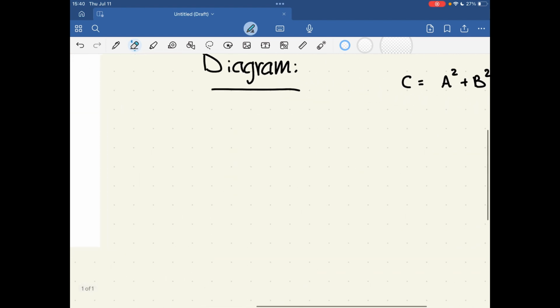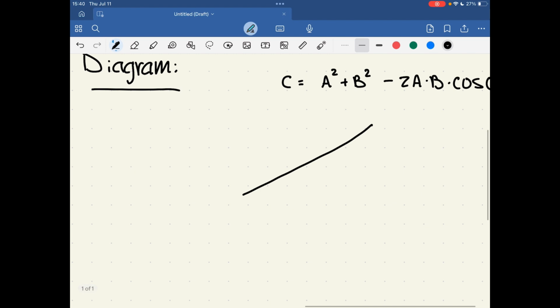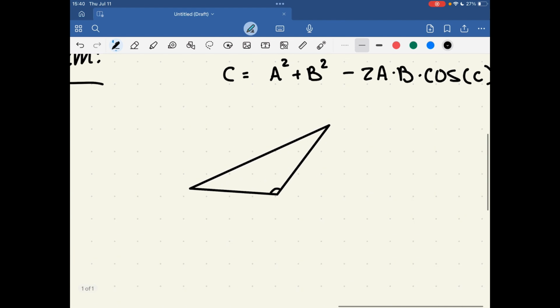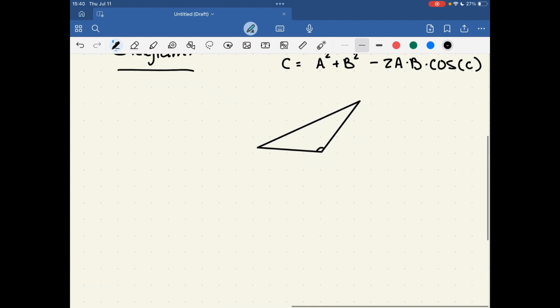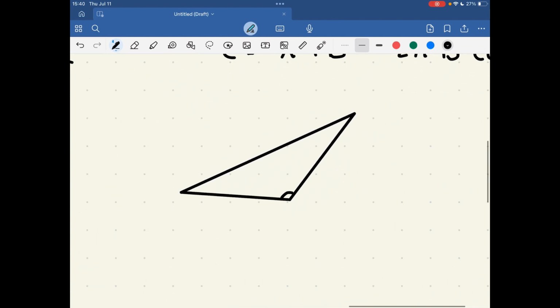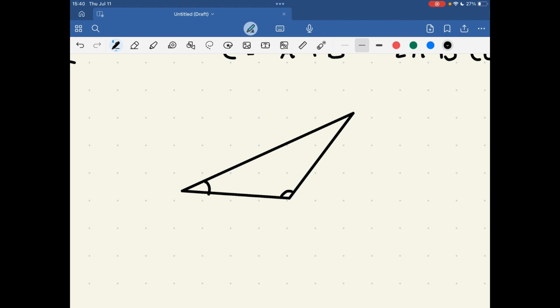If you have an obtuse triangle, meaning a triangle that has an angle higher than 90 degrees, like this one right here, to find the sides you can use what's called law of sine or law of cosine. For this instance, let's call this angle alpha, this one beta, and this one gamma.